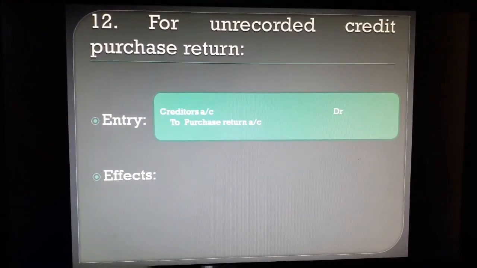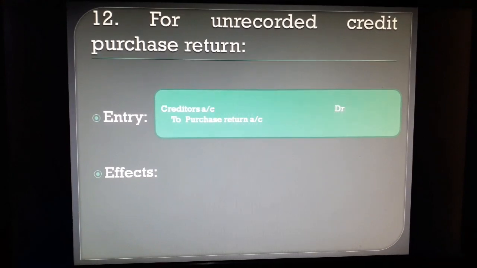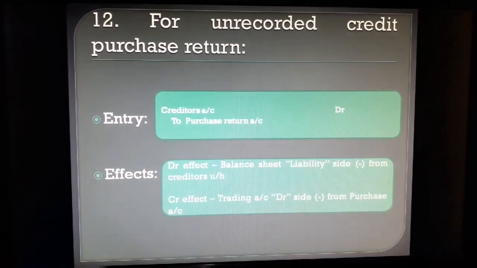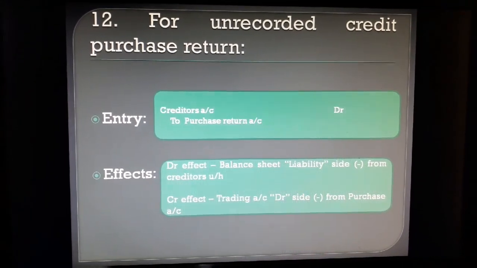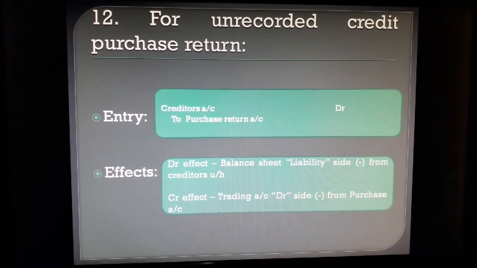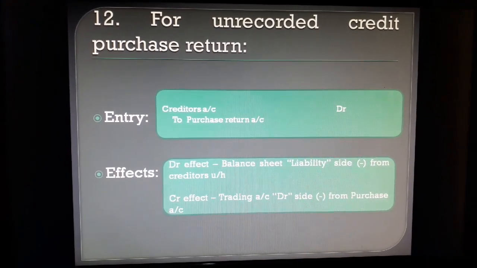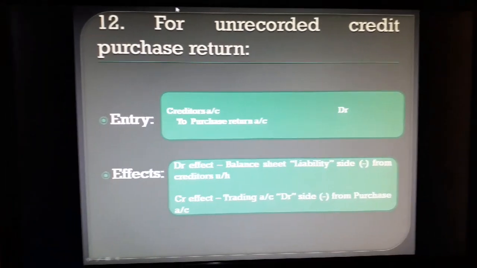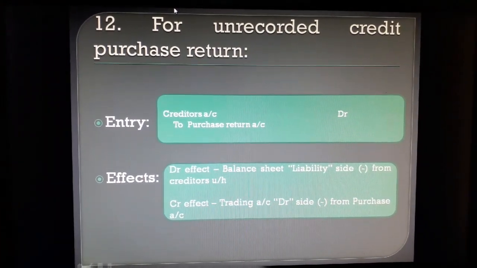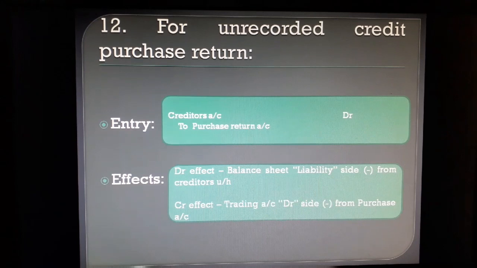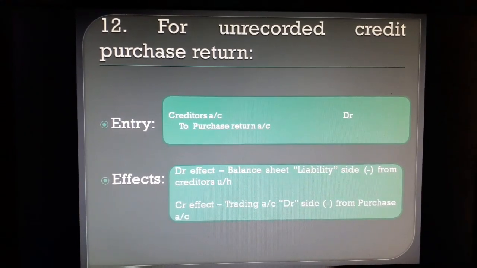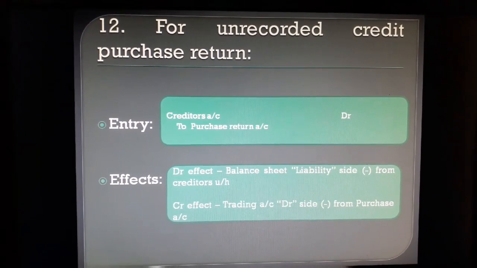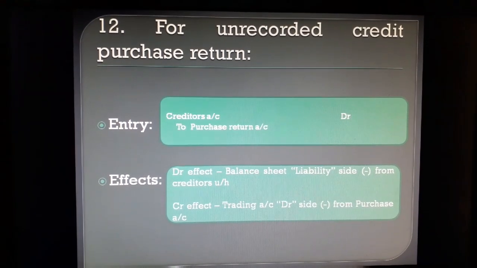And as goods go out, credit what goes out, that's why to purchase return account. With that, the adjustment effects: debit effect is balance sheet liability side minus from creditors. By deducting, we get the net amount payable to creditors. And the credit effect is trading account debit side minus from purchase account.